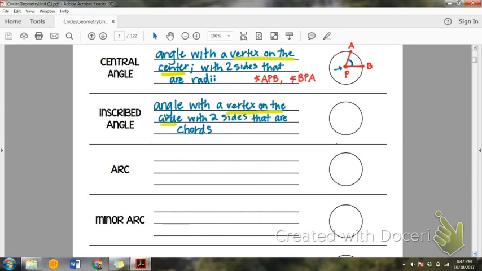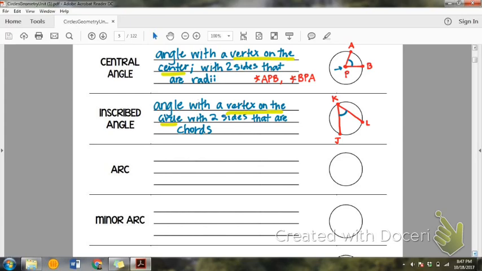So that might look like this. This vertex, I'm going to call this point K, is on the circle. Here's one side of the angle. Call that point J. And this L. So this angle that I've created right here is called an inscribed angle.